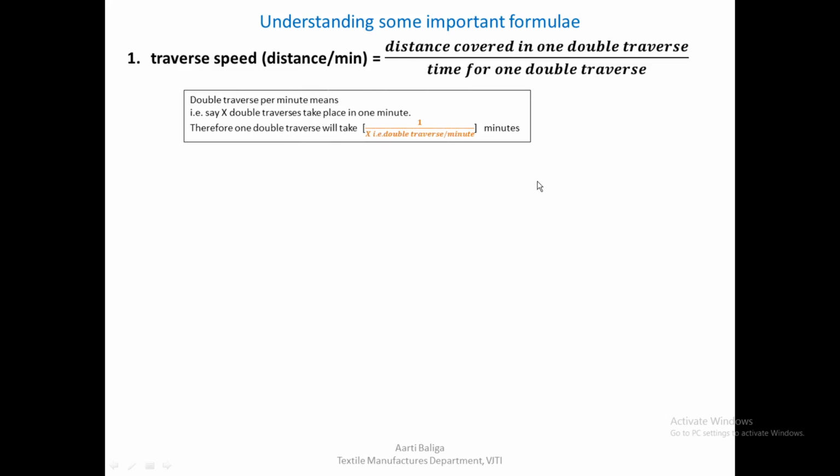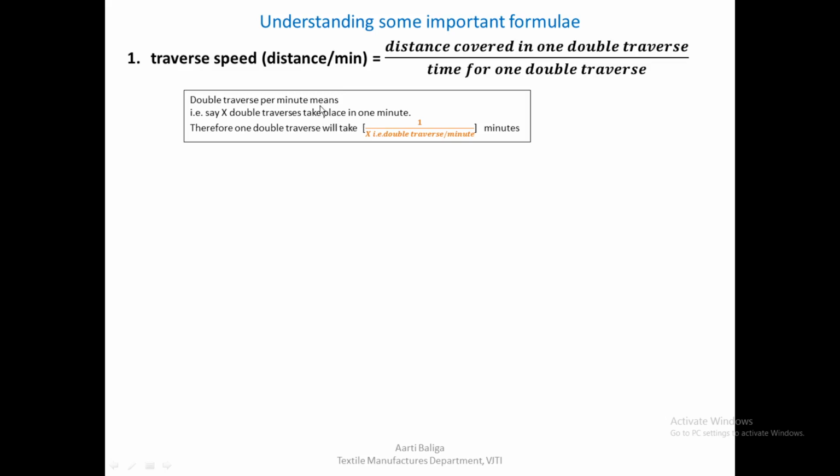So with this, let us try to understand how we replace this particular time for one double traverse by another formula. To understand this, let us understand this particular box which has just come up. Double traverse per minute: what does it mean when we say double traverse per minute? Let us say that it is x double traverses. So x double traverses take place in 1 minute.